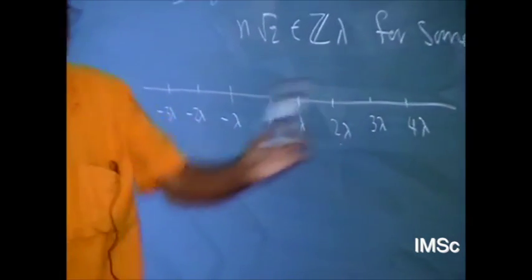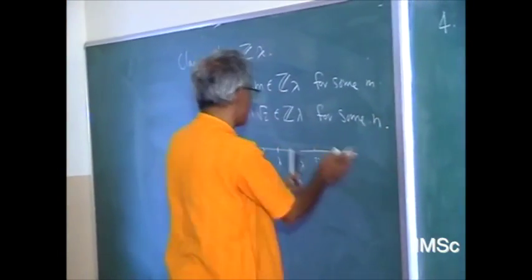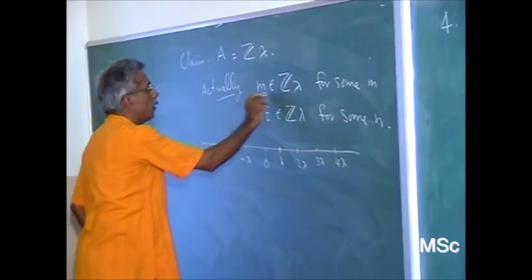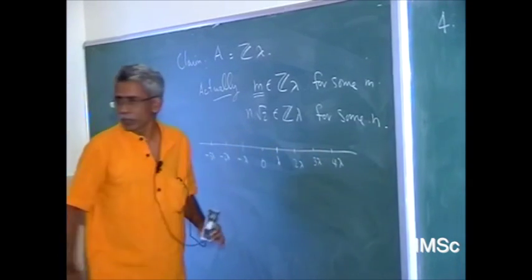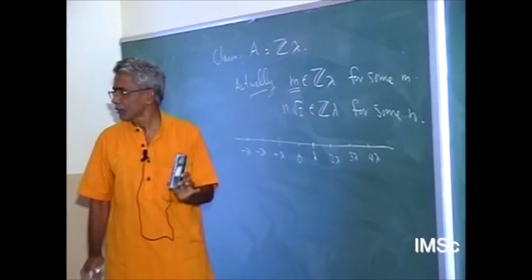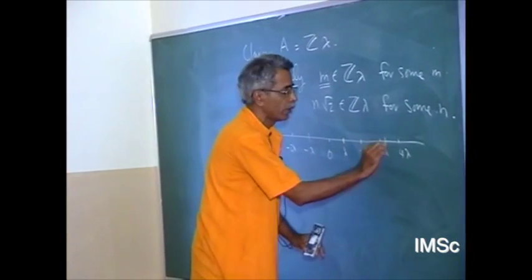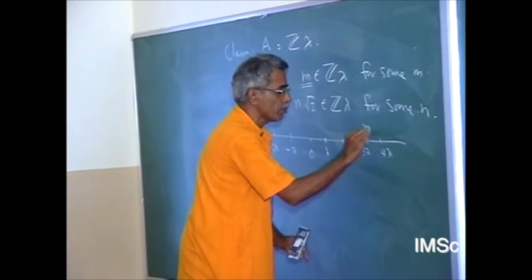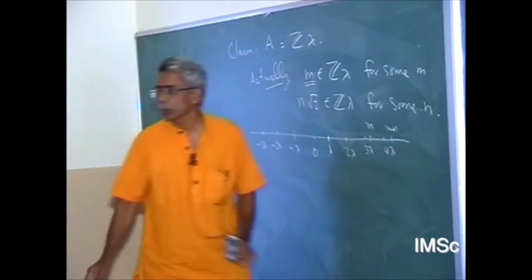Now, I look at some integer. I claim that the integer belongs to this set. If not, some integer is a little bit away, so I have some m and then m plus 1, and the integer is caught between two successive multiples of lambda.